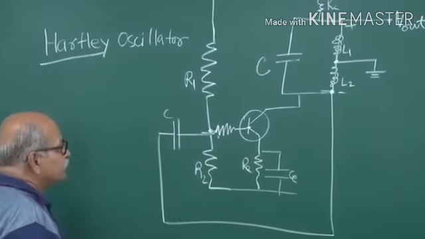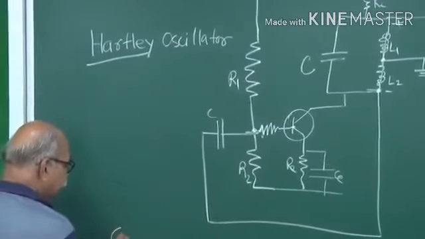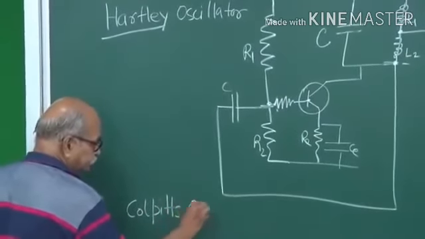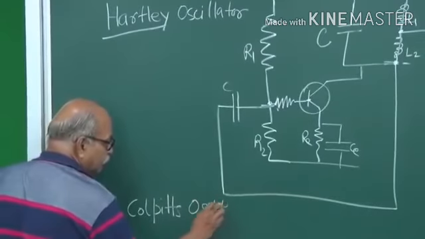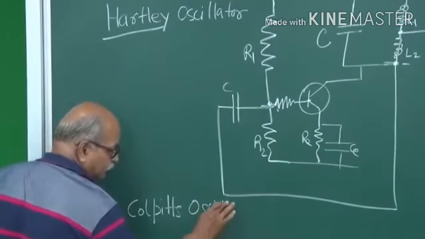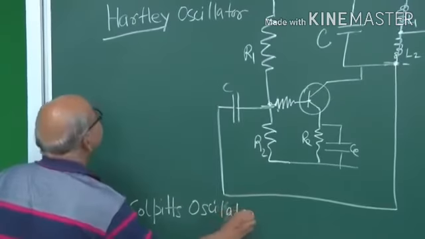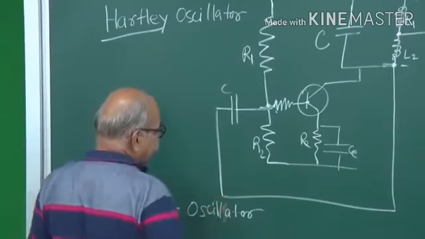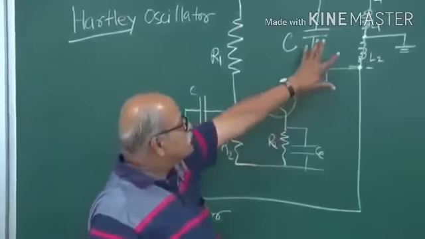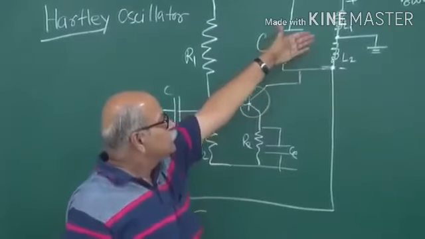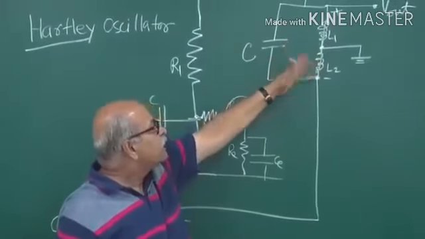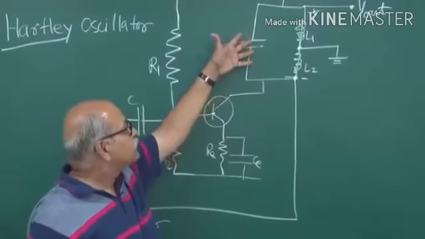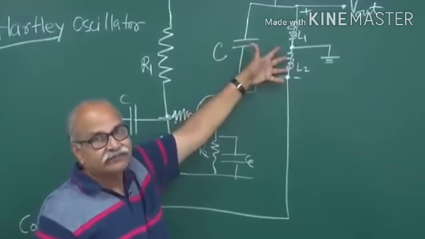Closely related is the Colpitts oscillator. Once again the same story. The only difference is that instead of 2 inductors and 1 capacitor, this circuit will have 1 inductor and 2 capacitors.